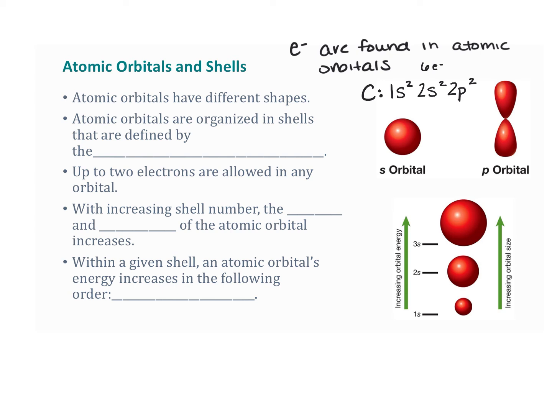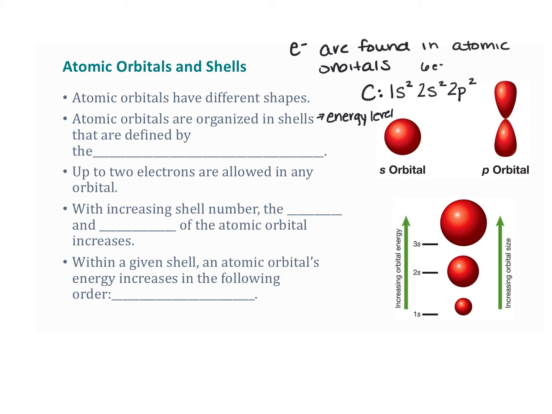We also know that atomic orbitals are organized into shells, and another thing we can say about shells is that they indicate energy level. When we talk about these shells, for example in 1s, 2s, 3s, we increase orbital energy as we go up.